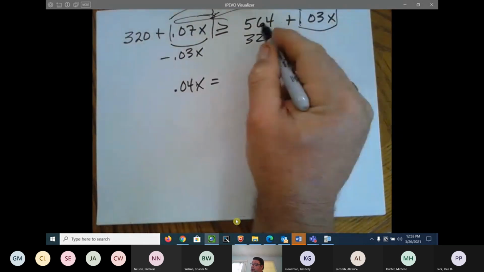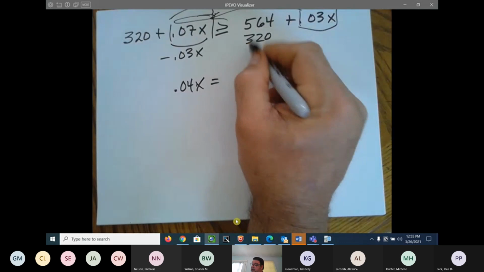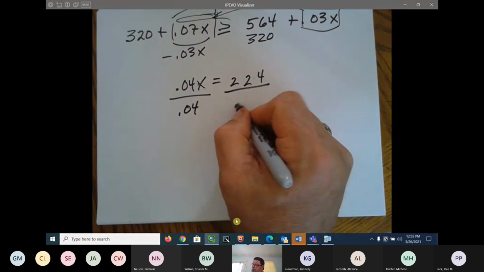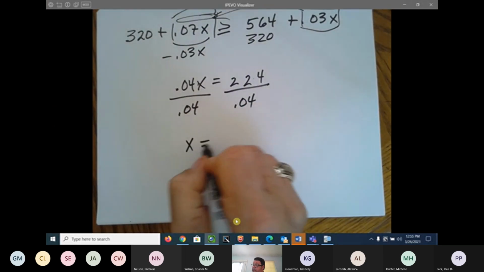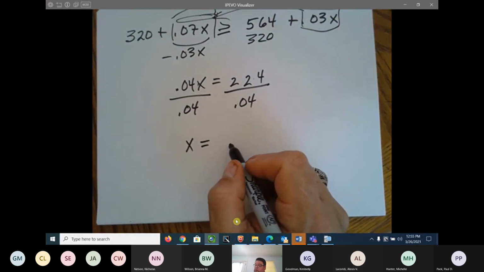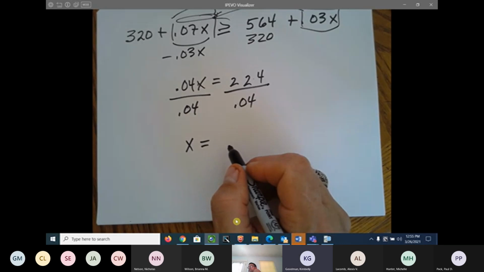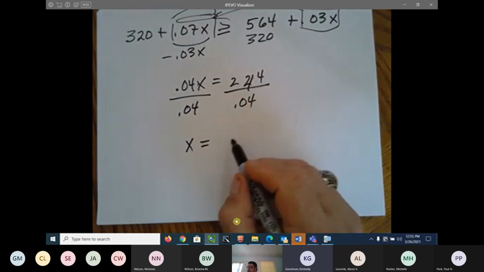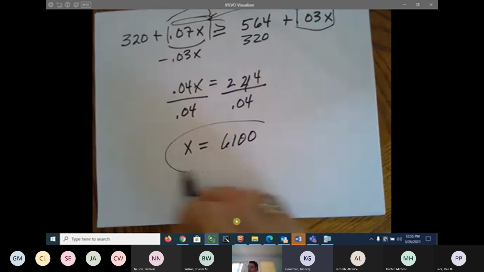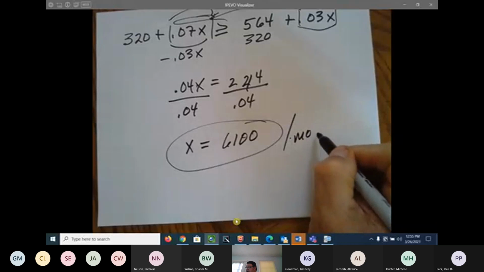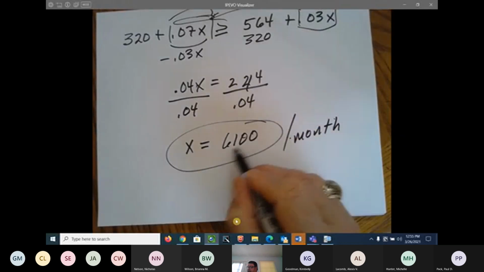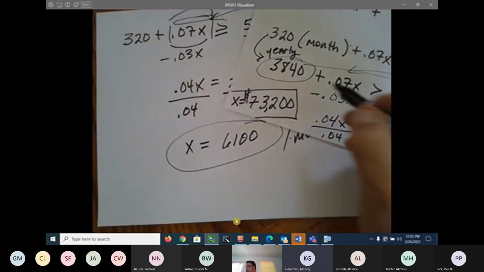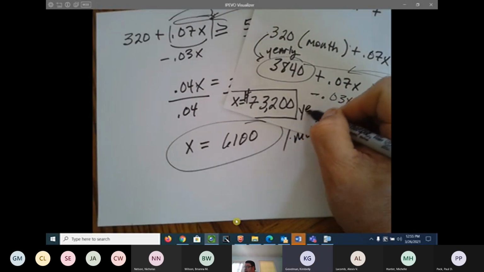That's going to be 244. Now somebody take 0.04 and divide it into 244. What do you get? 6,100. So this is per month. And if you multiply that, somebody multiply 6,100 by 12. What do you get? 73,200. That's per year.